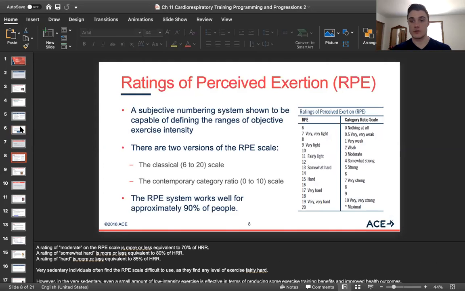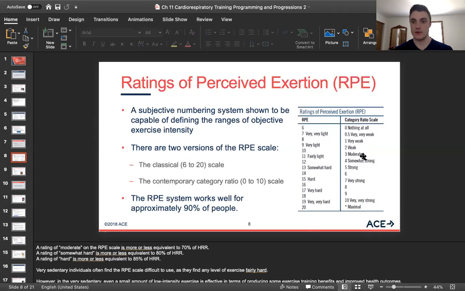RPE. This one is really convenient, and it helps people understand how hard they're working at a particular point in time. So there are different scales. As you can see over here, we have the 6 to 20, and then we have the 0 to 10. A lot of times for me, unless I'm with someone that's a little bit more experienced, I'll just use the 0 to 10 scale because it's a little bit easier.